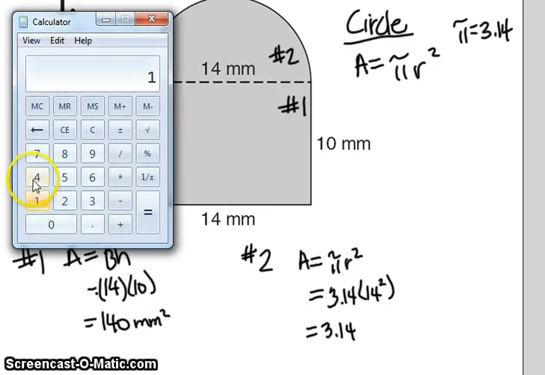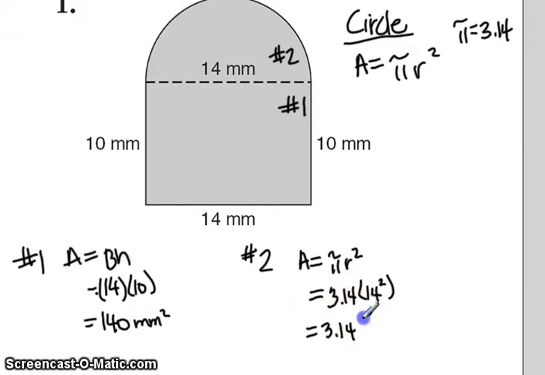Alright, I'm going to take 14 times 14. That's going to give me 196. Okay, then go back down here and get my calculator.